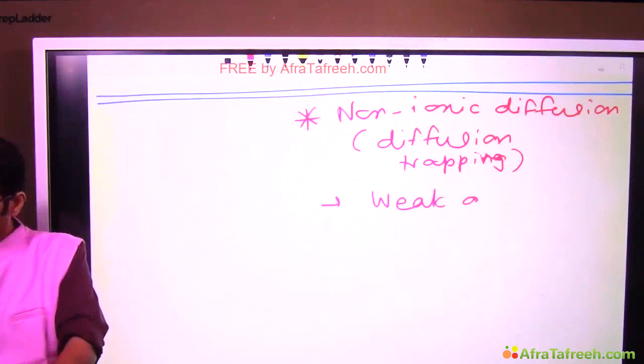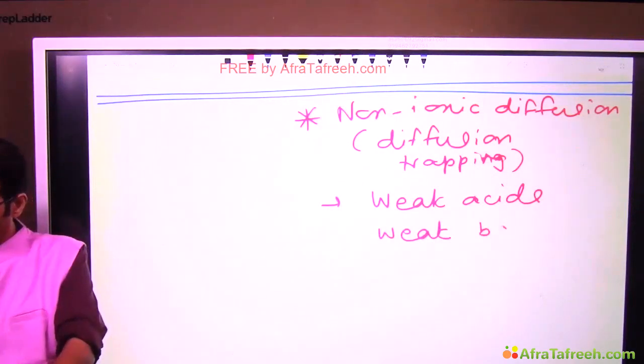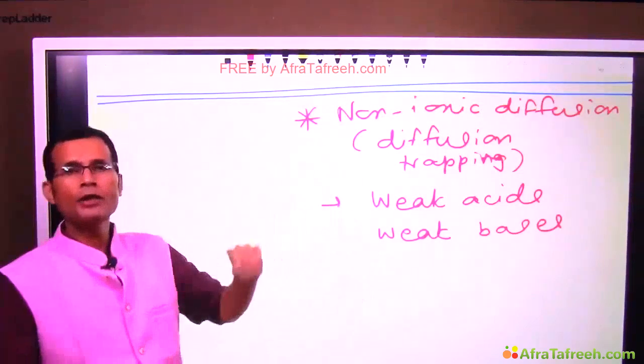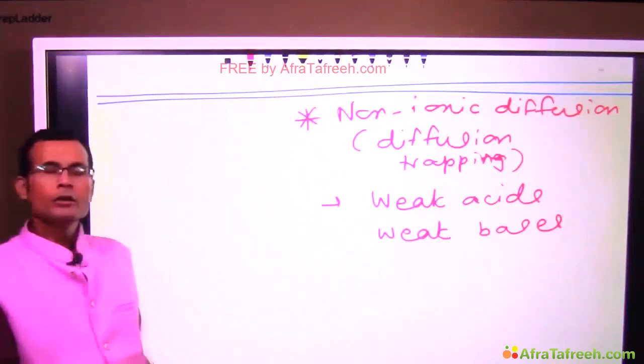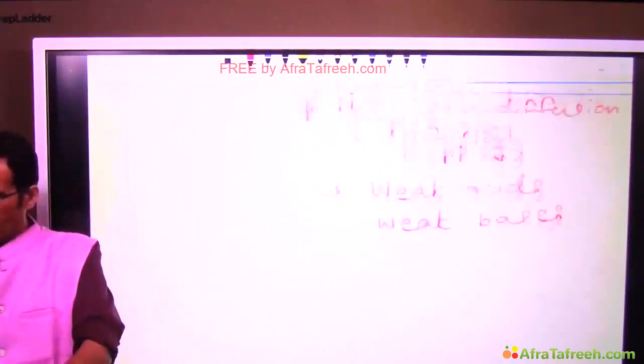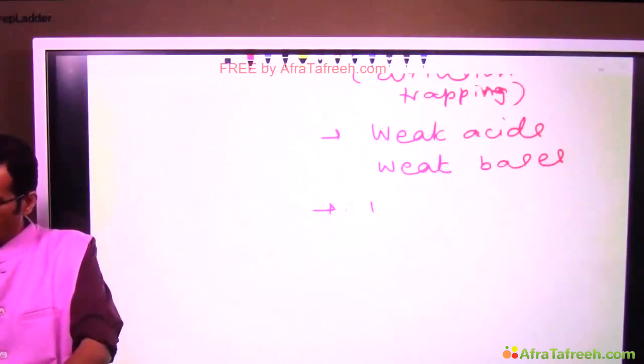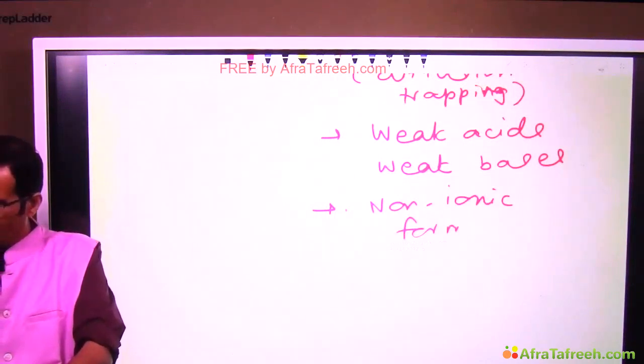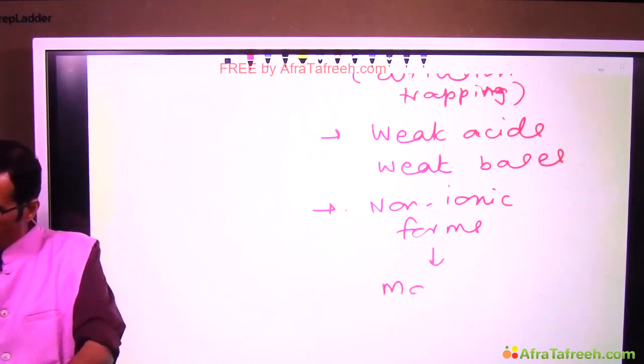Weak acids or weak bases. Their transport is described as non-ionic diffusion. What is it? Their non-ionic forms are more diffusible.